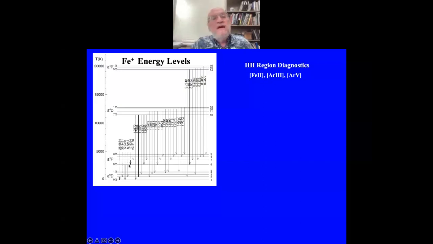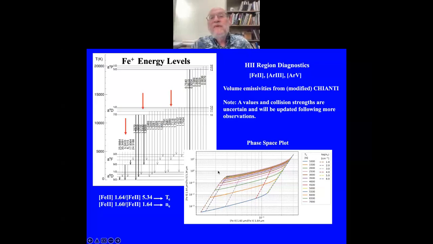If you look at levels that have wide differences in temperature above ground, then those are good temperature diagnostics. So we calculated volume emissivities from a slightly modified version of CHIANTI, and we plot these as ratio plots, which we call phase space plots.